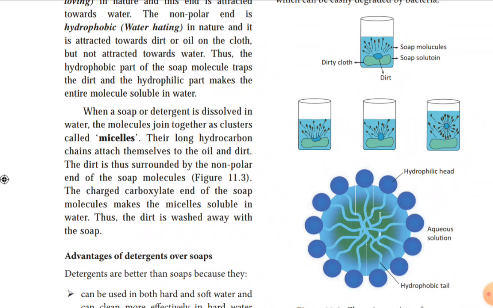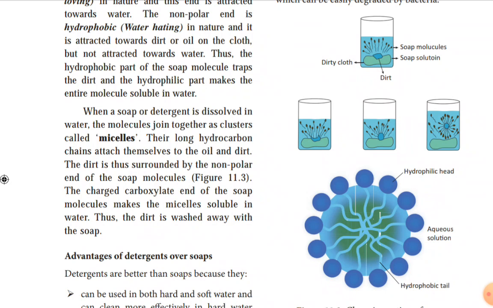Then the long hydrocarbon chain attaches itself to the oil and dirt. As already told, the long hydrocarbon chain is the non-polar end, the hydrophobic part, which traps the dirt molecule and encloses it.